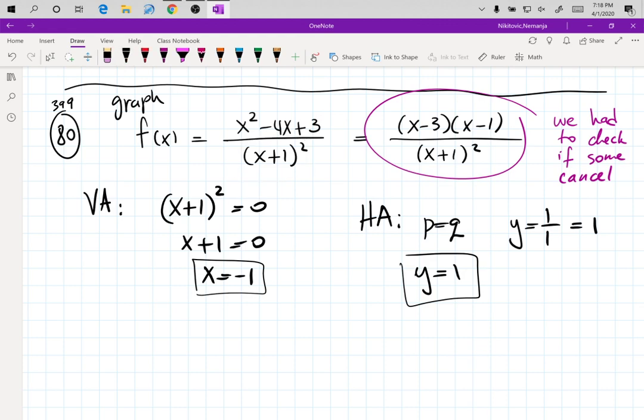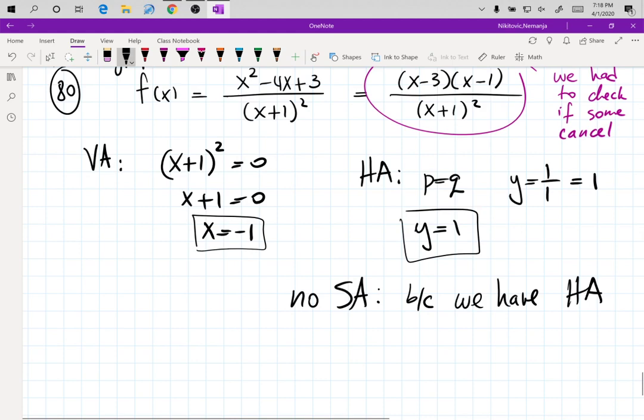So you have x squared divided by x squared. They have the same powers, if you haven't learned this yet. So same powers mean take the ratio of front coefficients. And both coefficients are 1, so 1 divided by 1 is 1. No SAW, no slant asymptote, because we have a horizontal asymptote. You can't have both of them at the same time. They are mutually exclusive.